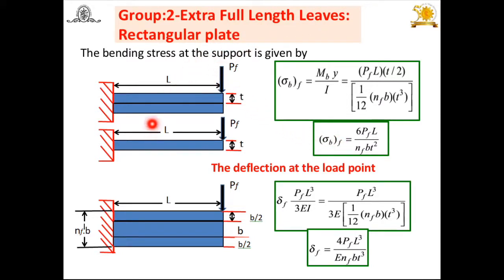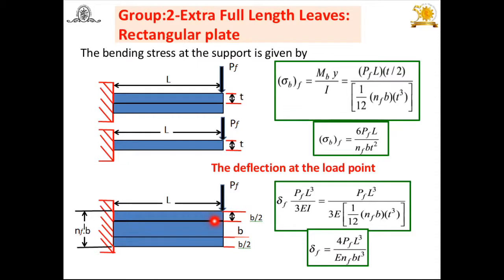And again, to find the deflection, an arrangement is made. Here the width of the leaf is b, but the extra full length leaf is cut longitudinally, so you will get b by 2 at the top and b by 2 at the top, and the length remains the same. So you will get a rectangular plate.